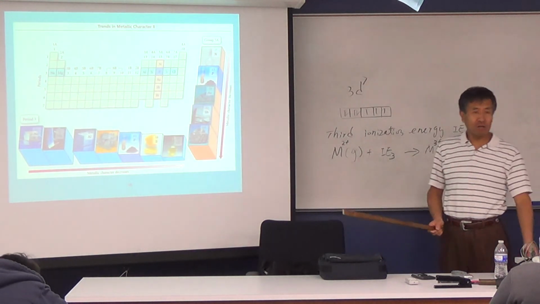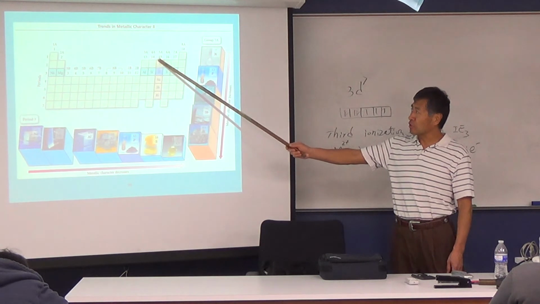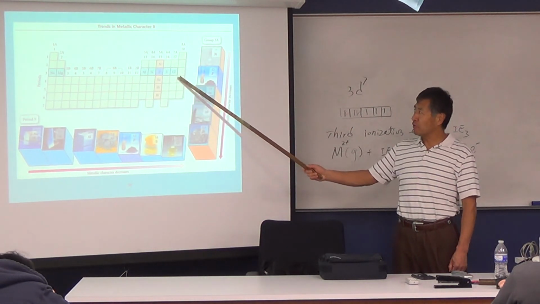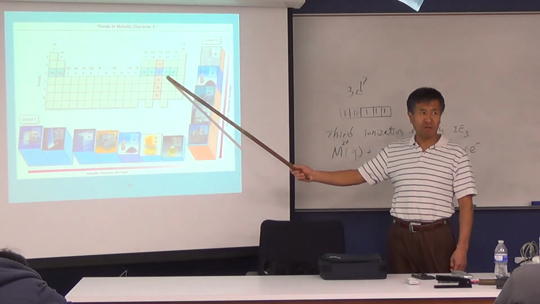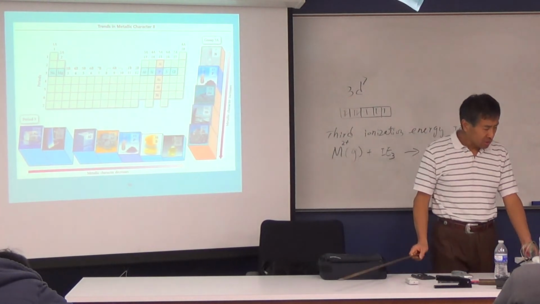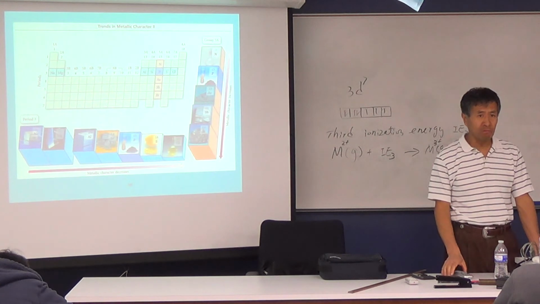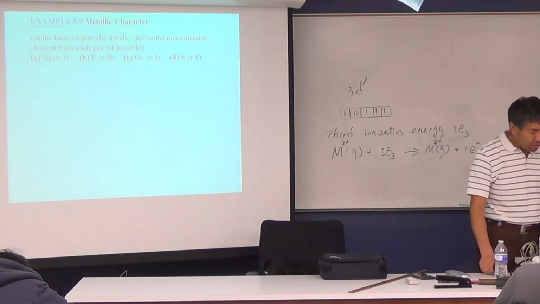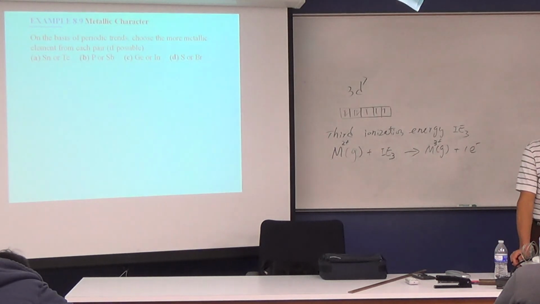And this is very, very interesting. You see, some group on the top is non-metal, then go to the bottom become metals. Similarly for those same period, chlorine is non-metal, then go to the left side, the sodium become metals. Right, and you should be able to predict using what we did before.